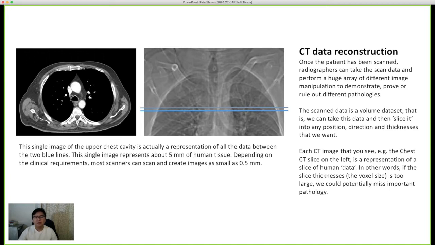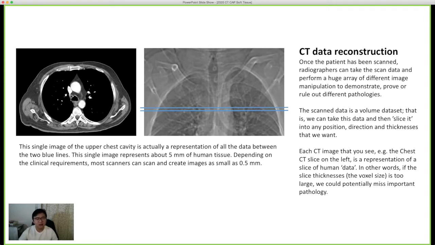But if we made the voxels in this direction bigger, that single nodule may be overrepresented, and it may seem like it's quite a large nodule when in fact it's a tiny little one that, due to our slice thickness, has been dragged across the entire slice. That is why it's important that we always send for reporting the thin slices and the thick slices.